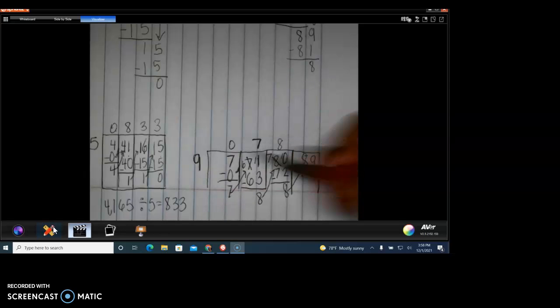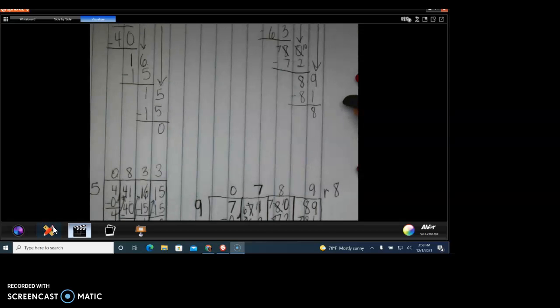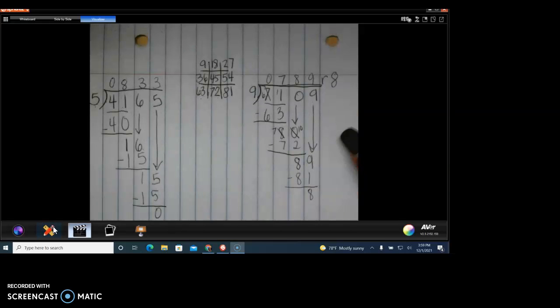How many groups of 9 can I make with 89? I can make 9 groups because 9 times 9 is 81. I subtract, I'm left with 8. This time, 8 is my remainder. My answer is once again 789, remainder 8, the same as what we had up here.